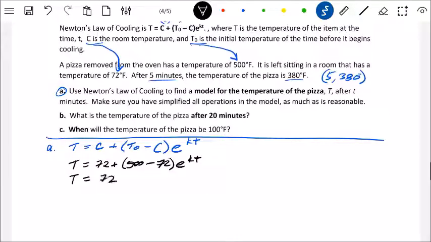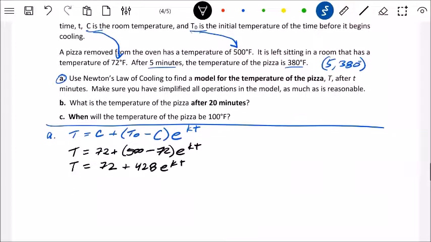So 72 plus 428 e to the kt. Okay, now let's find the k. We're going to use this one to find the k.